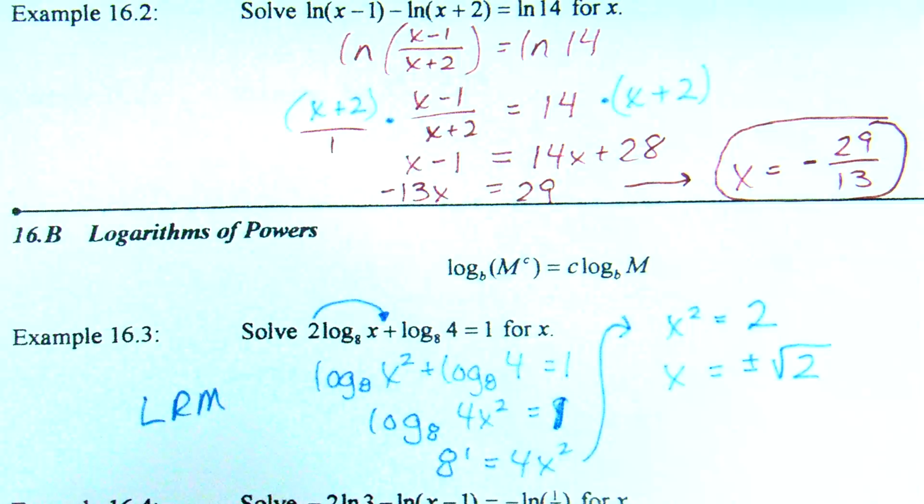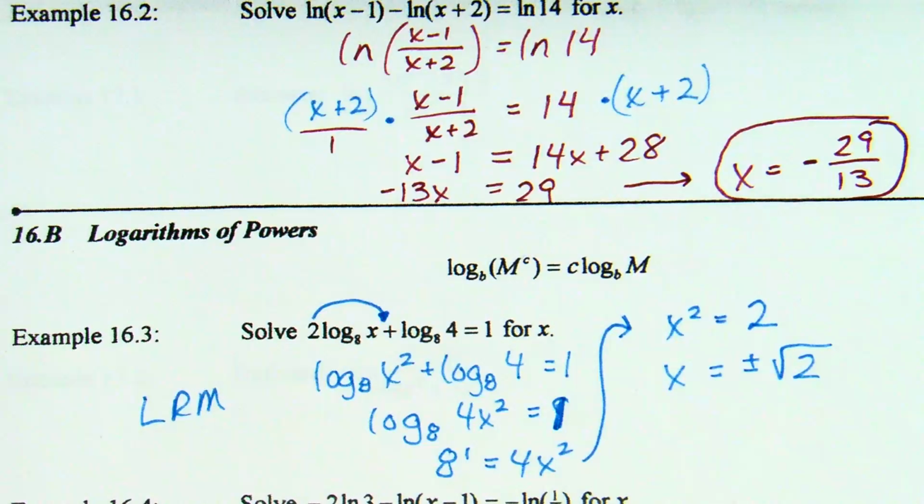Bingo, bango, bongo. And we have to check these. Why should I consider checking this answer? Because I came up with a plus or minus. And here's the deal, guys. Remember, the inside of a log cannot be a negative. Okay? And right here, this was log of x, yes? So could we use the log of negative square root of 2?